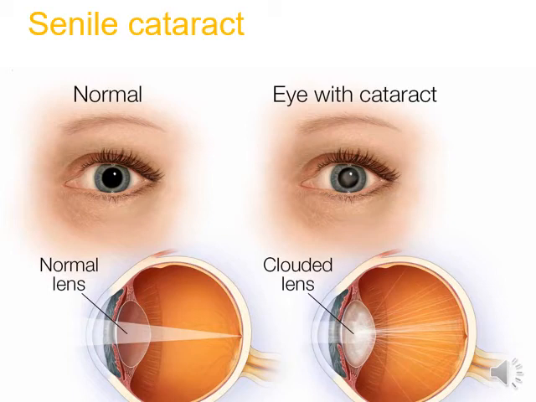To the left is an eye with cataract. The pupil is grayish white due to opacity in the lens. This opacity causes dispersion of the light inside the eye, and so the blurring of vision.